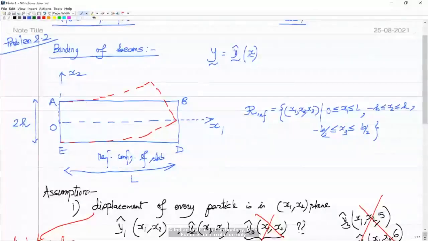Isn't this that line? That's x1 equal to constant. So this material line has x1 equal to constant for all the points. And it says this line has to be carried into a straight line only. It can't become curved. So can you see what this means?